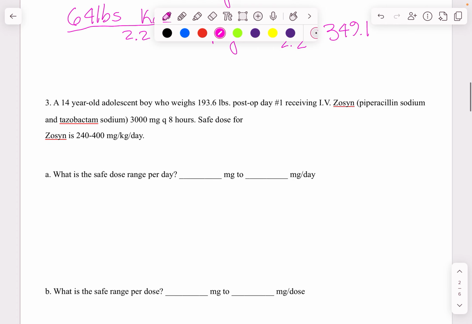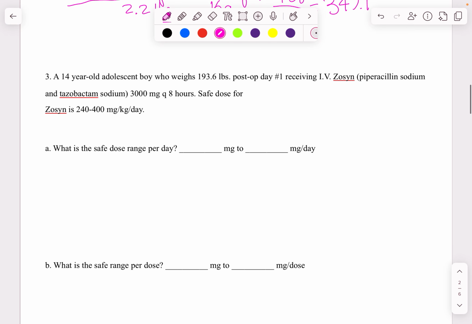All right, moving on to question 3. A 14-year-old adolescent boy who weighs 193.6 pounds, post-op day 1, receiving IV Zosyn, 3,000 milligrams every 8 hours. A safe dose for Zosyn is 240 to 400 milligrams per kilogram per day.